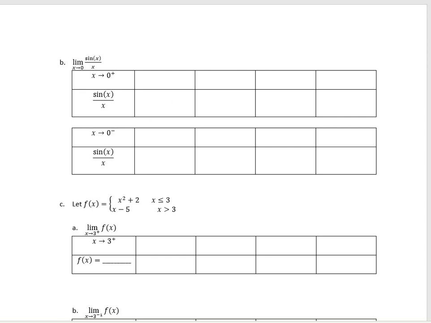For values bigger than 0, I would do 0.1, 0.01, 0.001, 0.0001, and then for values less than 0, I would do negative 0.1, negative 0.01, and so on.